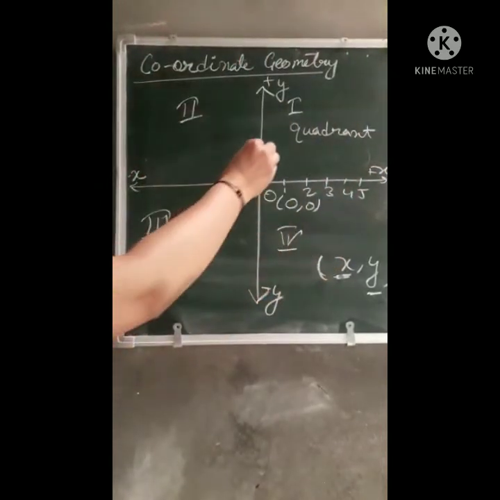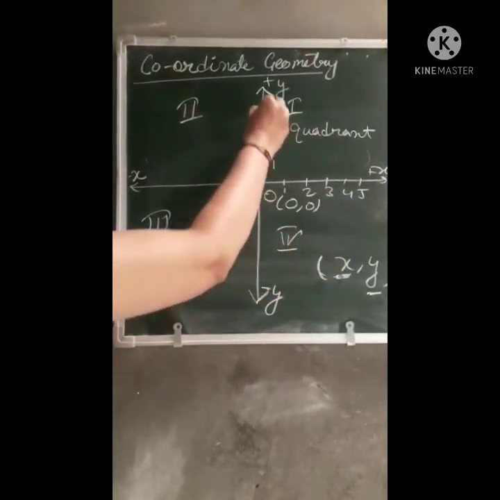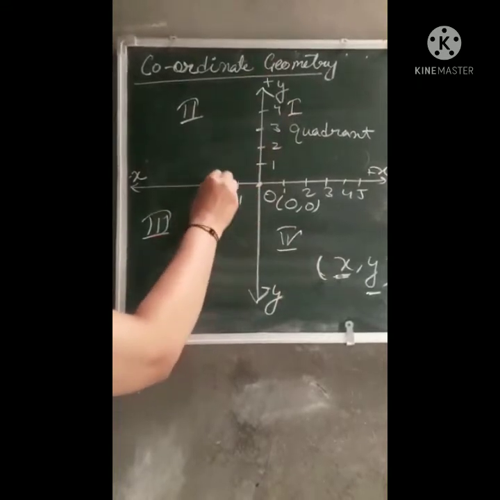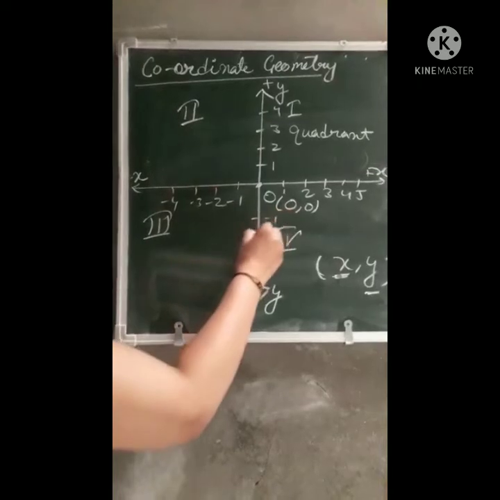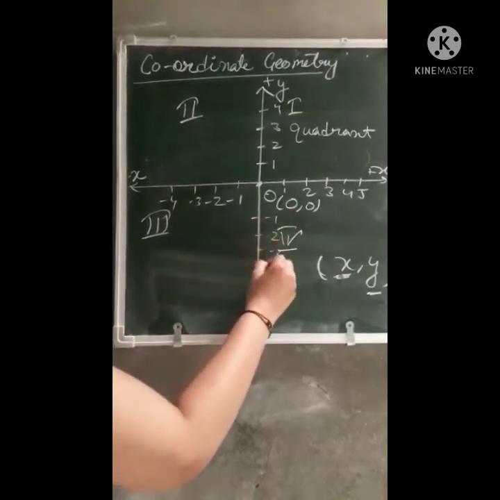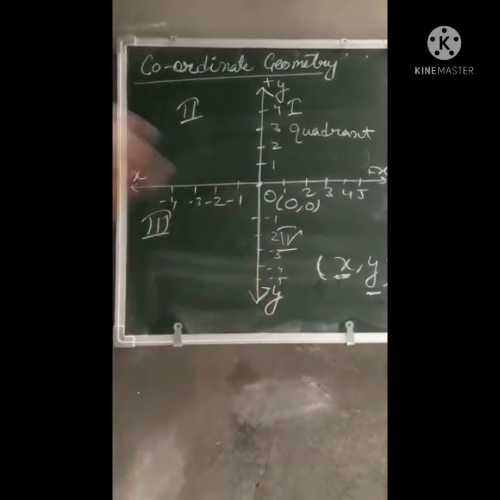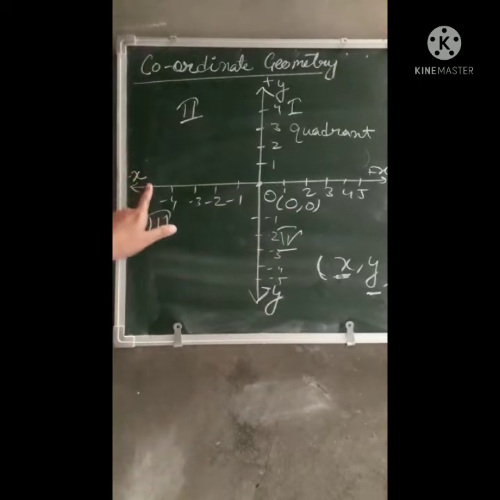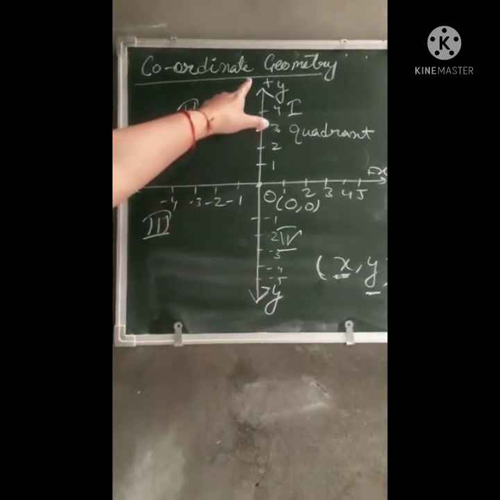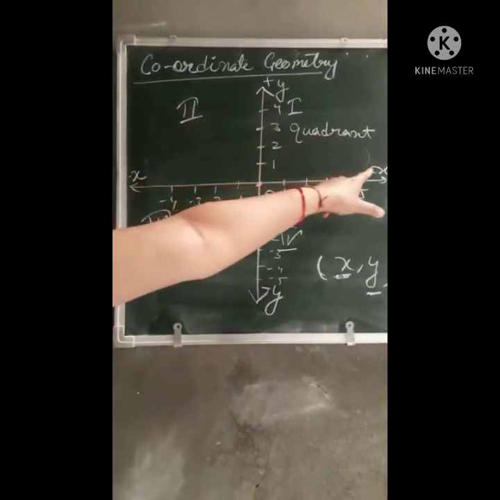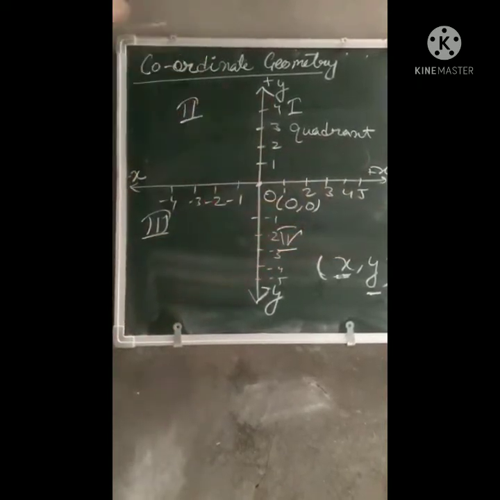Then -1, -2, -3, -4, -5 and so on, okay. Because it's negative, it has a negative sign. This is also negative. This is positive, so positive, and this is also positive. Like this we have to locate it.